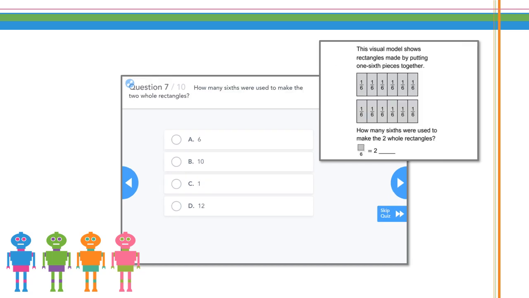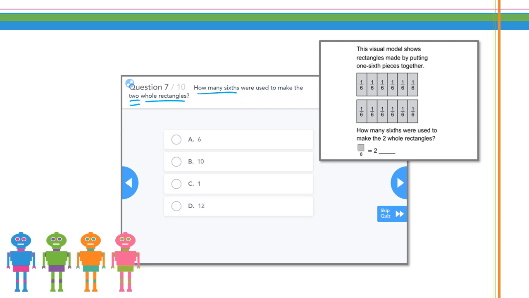Question 7, how many 6ths were used to make the 2 whole rectangles? I don't want you to be intimidated by the visual model that you see or by all the words. Let's break it down. They're asking for how many 6ths, and they want to know how many of those 6ths it takes to make 2 whole rectangles.